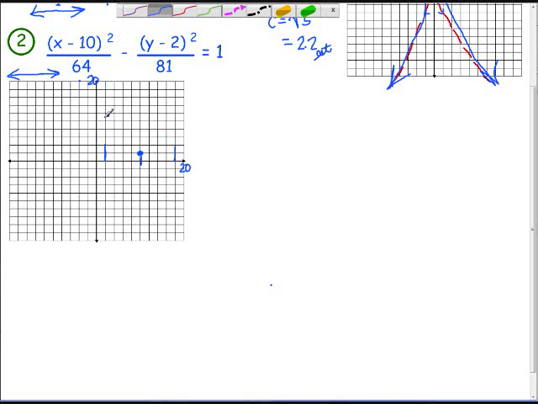So my box corner is right there. Let's do it here too. 2, 4, 6, 8, 9. Whoops. It's a little too low, isn't it? And this one should be right there. All right. Now I'm going to draw those asymptotes. They go through the center and through the corners of those boxes. Should be nice straight lines, which you will draw with a straight edge.